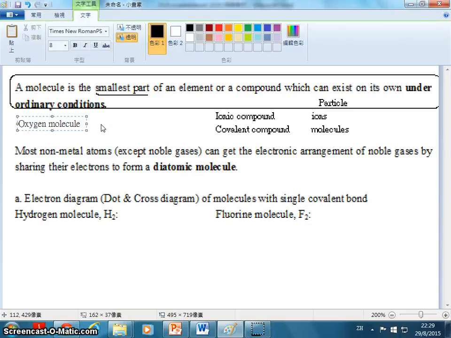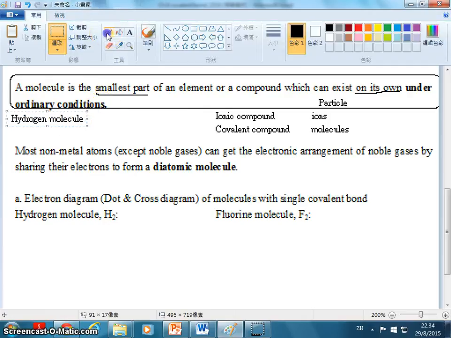Before we proceed to learn how to draw the electron diagram of covalent bonds, we would like to introduce a new term to you: a molecule. A molecule is the smallest part of an element or a compound which can exist on its own under ordinary conditions. Okay, let's use hydrogen as an example. Hydrogen itself has one electron in its outermost shell.